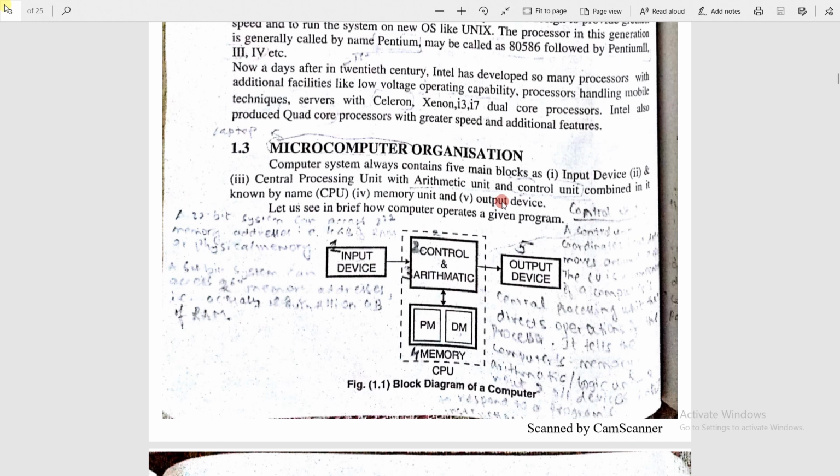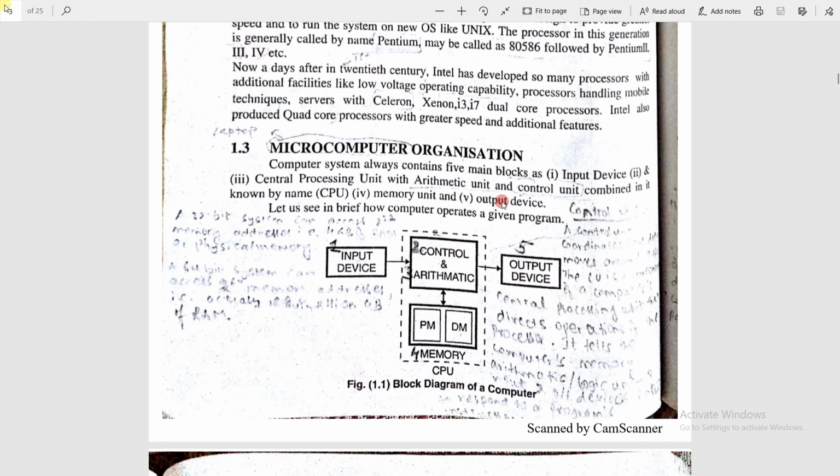The examples of microcomputers are laptops and PCs. Minicomputers are those computers to which multiple users can be connected. Microcomputers are single-user computers, but minicomputers are multiple-user computers. The third one is mainframe and the fourth one is supercomputers.